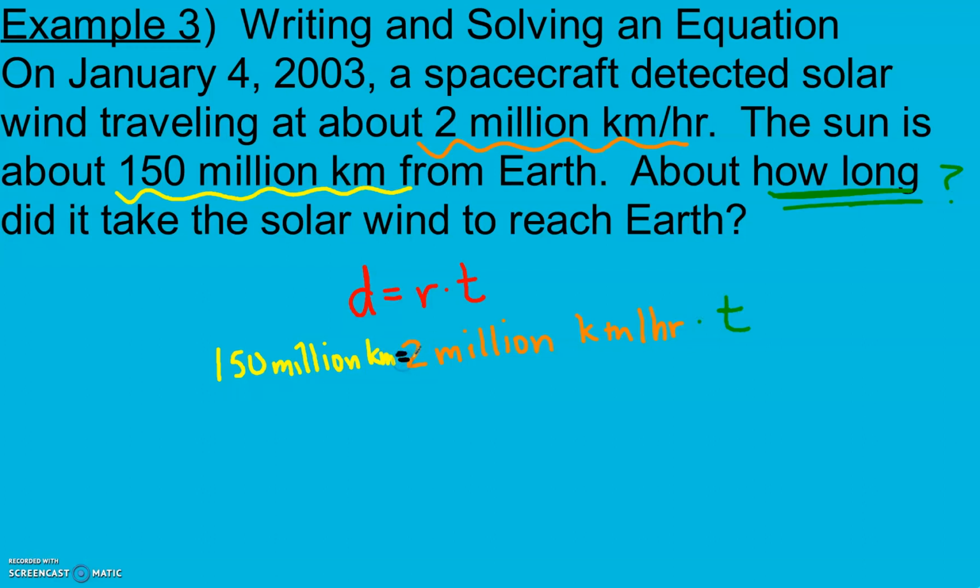Now, since both of these are in million and million kilometers, I don't need that part. So what I really have here is 150 million kilometers equals 2 million kilometers per hour times t.